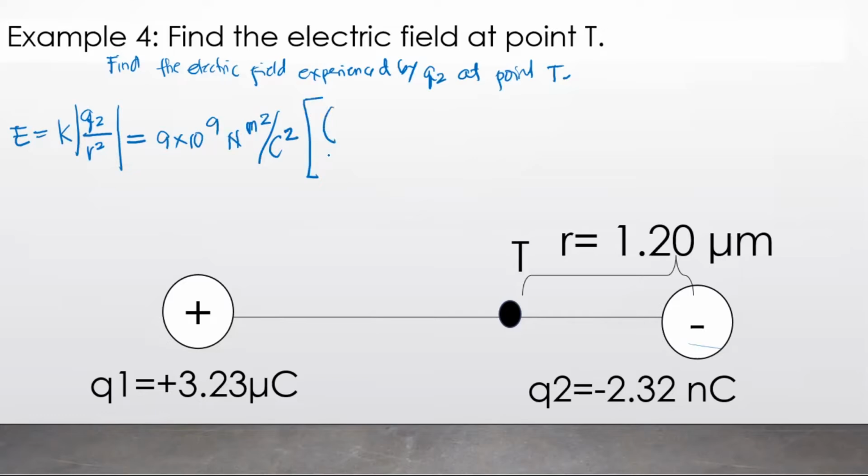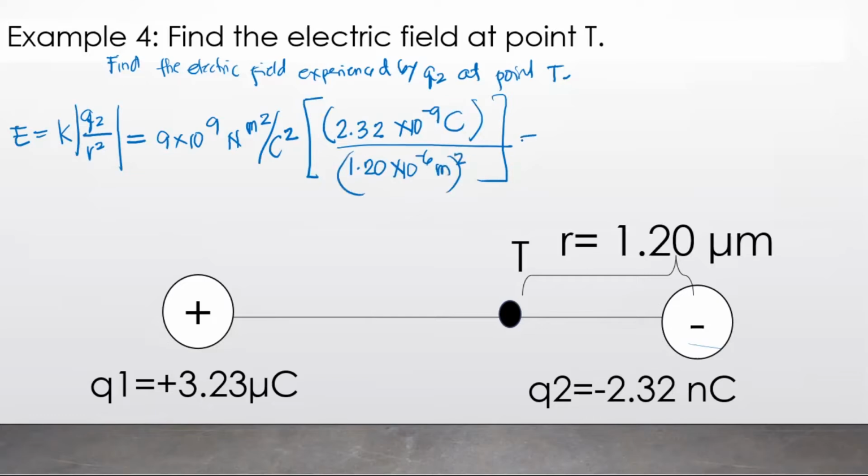Then our Q2 is negative, but since we said that we will take the absolute value, we can write it as 2.32 times 10 raised to negative 9 coulomb. Then divide this by the distance, which is 1.20 times 10 to negative 6 meters squared.